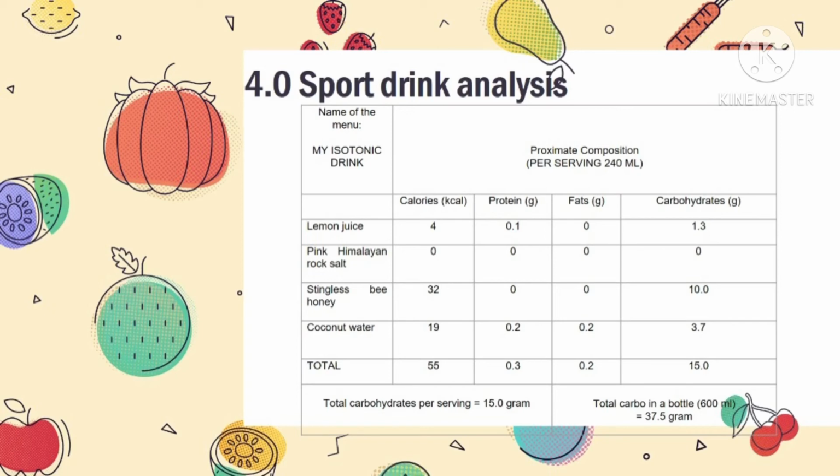The total carbohydrate concentration has to be between 6 to 8%, because researchers have shown that a 6 to 8% carbohydrate concentration is absorbed into the bloodstream quickly and helps replenish the fluids lost during training or exercise.